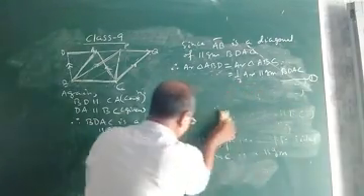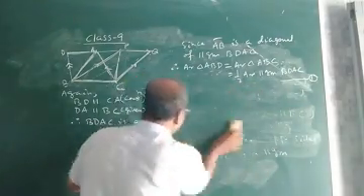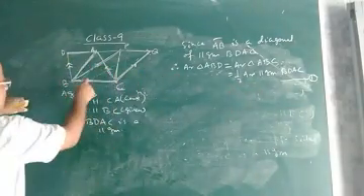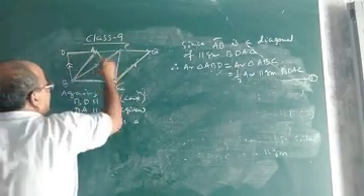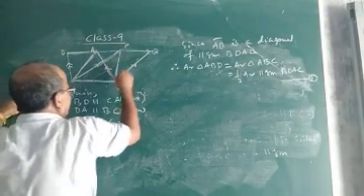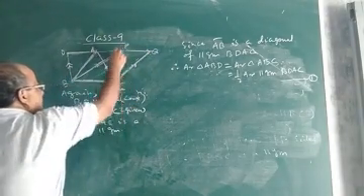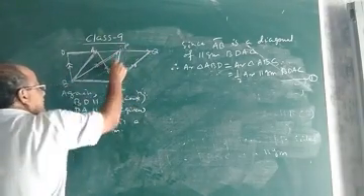Similarly, what will be the next step? Look at the parallelogram BPQC. Here PC is a diagonal.